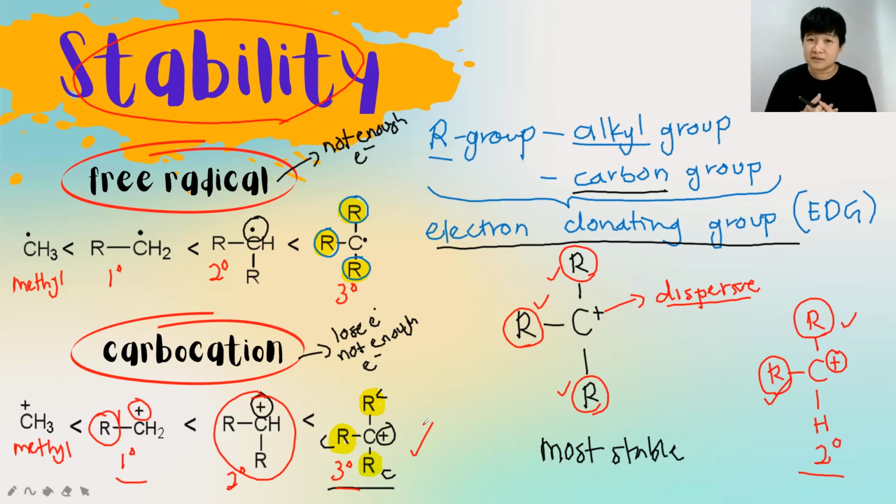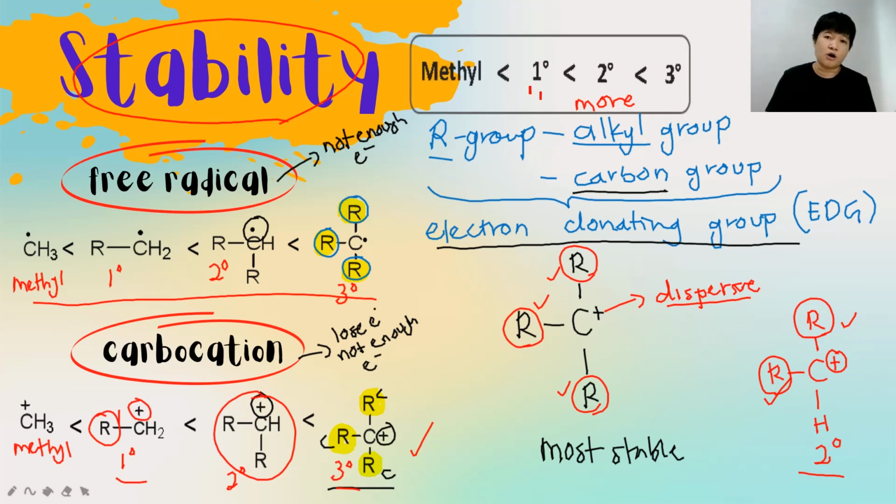Is more stable. Alright? The same thing applies to all your free radicals above. The tertiary will be more stable because you have 3 alkyl groups. You have more alkyl groups in your tertiary to help you to disperse the positive charge. That's why they become more stable.